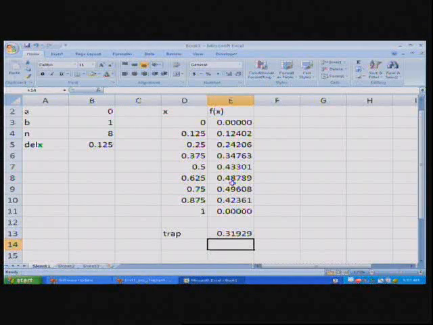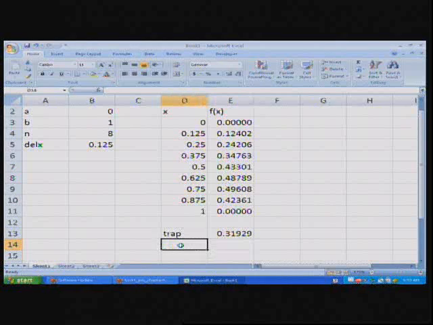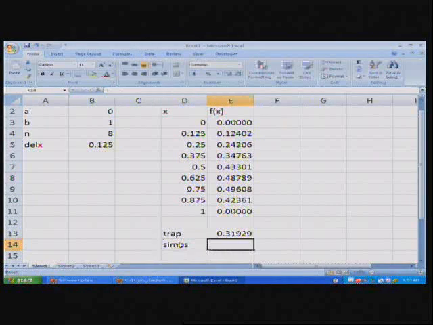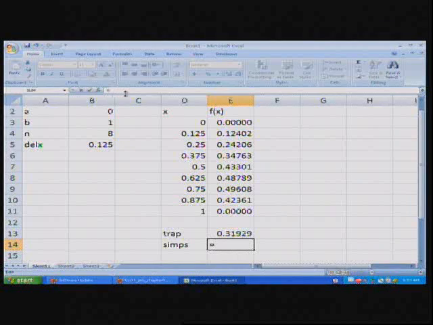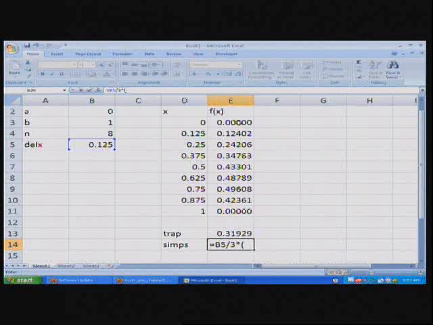You could do it by hand with your calculator, but typing in all those decimals would not be fun. Then Simpson's Rule: you do an equals, and Simpson's Rule was delta x divided by 3, so you take this value divided by 3, then times parenthesis, and the first number. You have to type each one in.